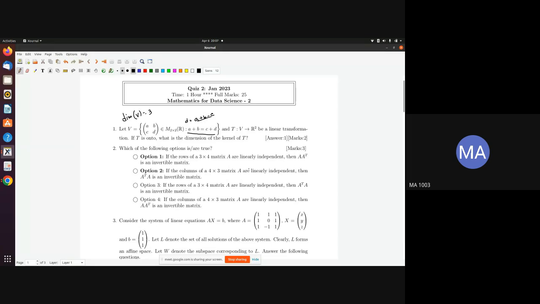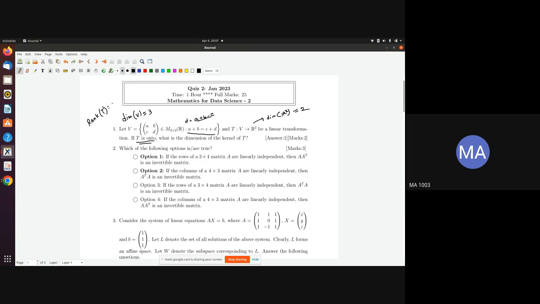And the dimension of this is two, right? So we have two vector spaces, where the domain has dimension 3 and the codomain has dimension 2. Now it is given that T is onto. What does it mean? It means the image of T is equal to W, so rank of T equals the dimension of R2.